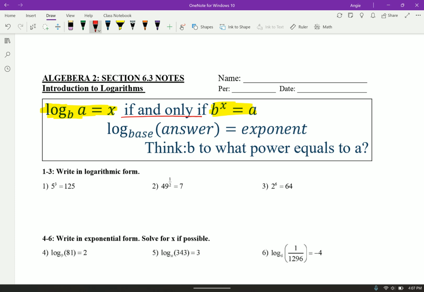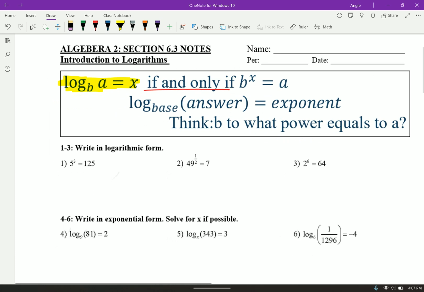So in essence, guys, your log is going to have a base, okay? And log base, and then whatever the answer is, it goes right there. Equals, and then the other side will always be the exponent. I want you to think of it as b to what exponent or what power equals a.